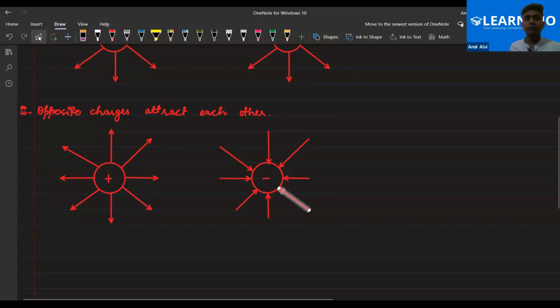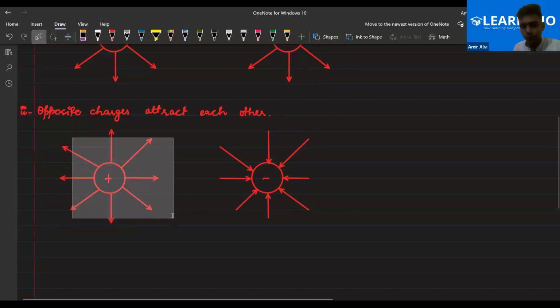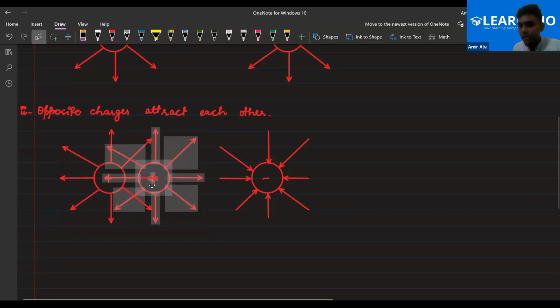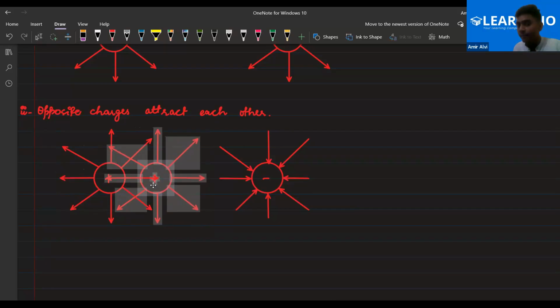Is it clear? Okay. So as you can see, this charge's electric field is saying, okay, please move in the right side direction. And when it moves towards it like this, the direction of the fields is the same.